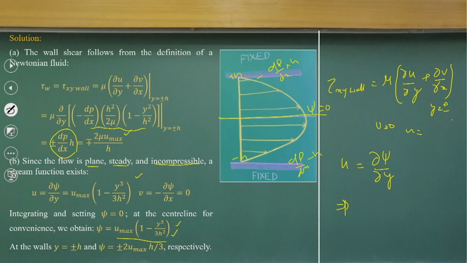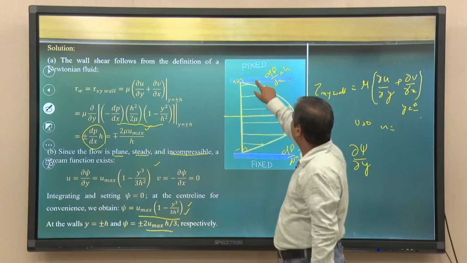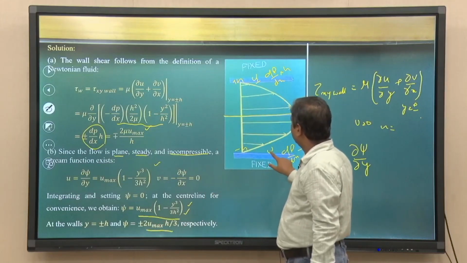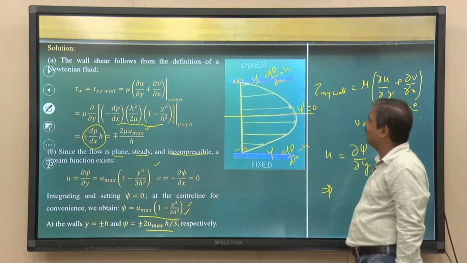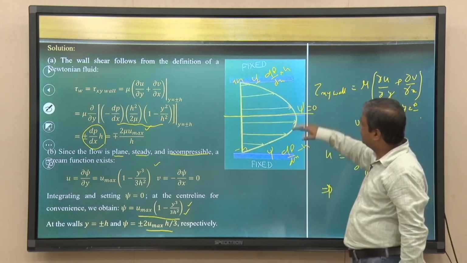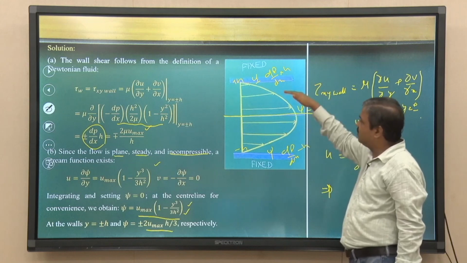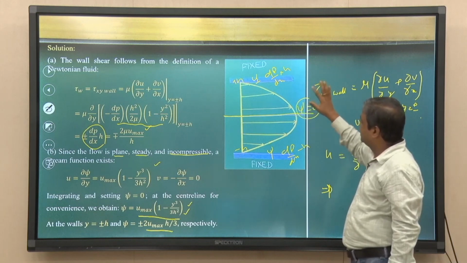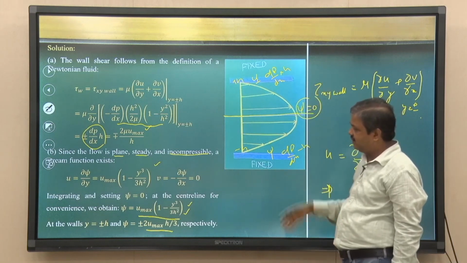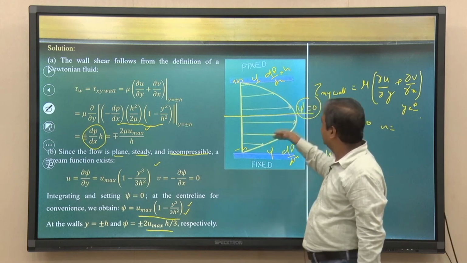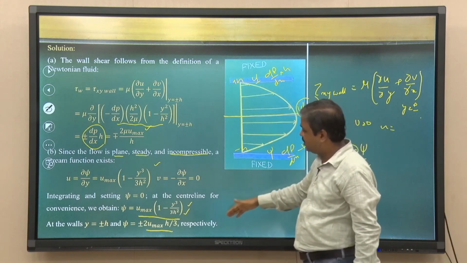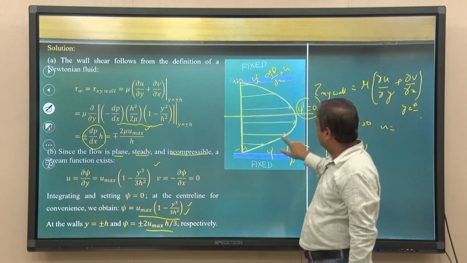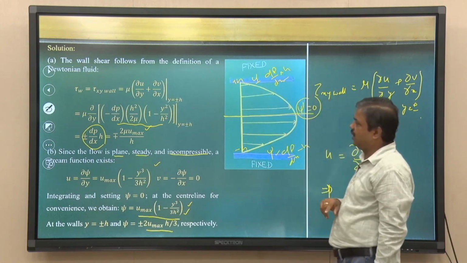So, that is what is shown. You can get the streamline function, and that is the value at both the walls, with plus and minus signs. As we are considering the centerline stream function equal to 0, we can set that value, and then we can get the stream function value at both the fixed walls.